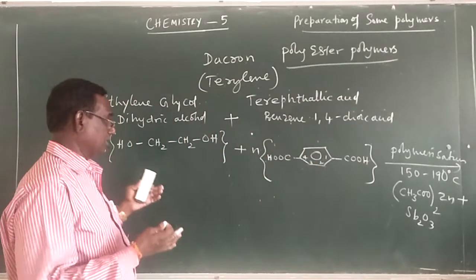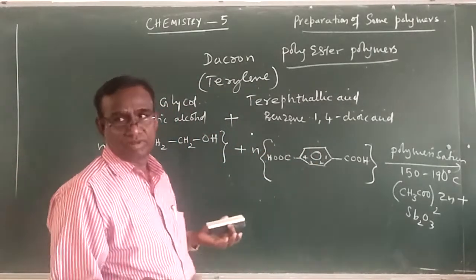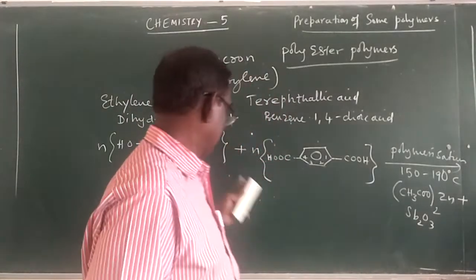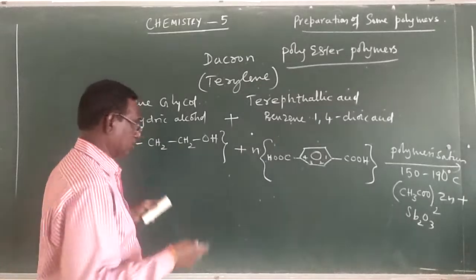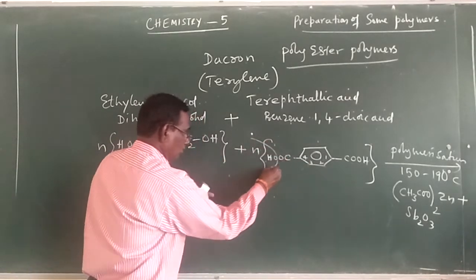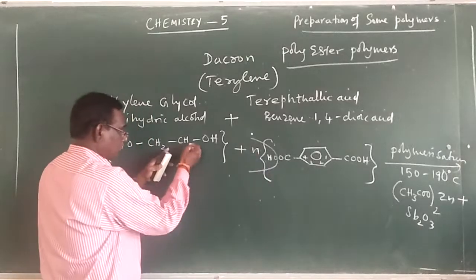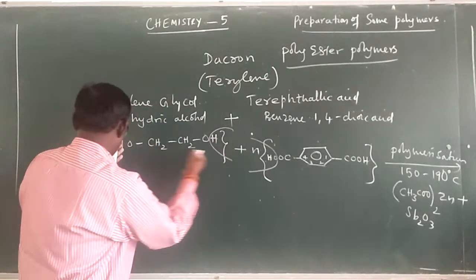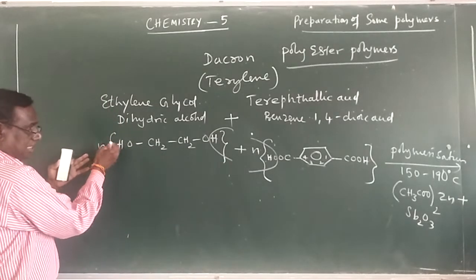Now what happens here? In condensation polymerization, some simple molecules like water or ethyl alcohol are removed. Here a water molecule is removed. From the COOH group, the OH group is removed, and from the alcohol OH, the H is removed.